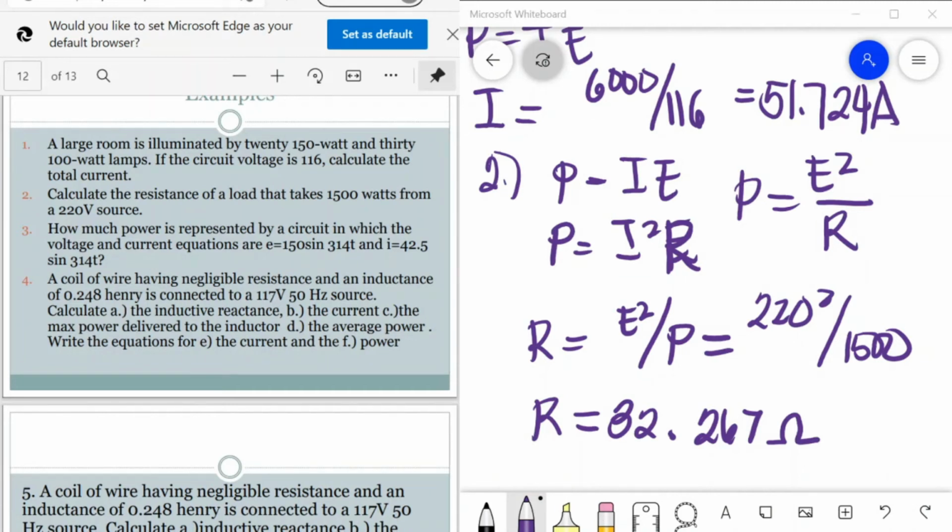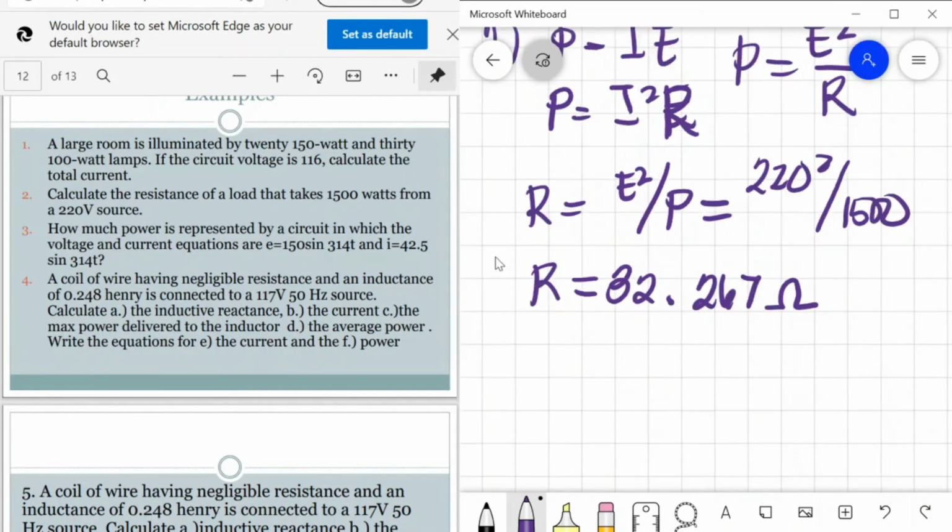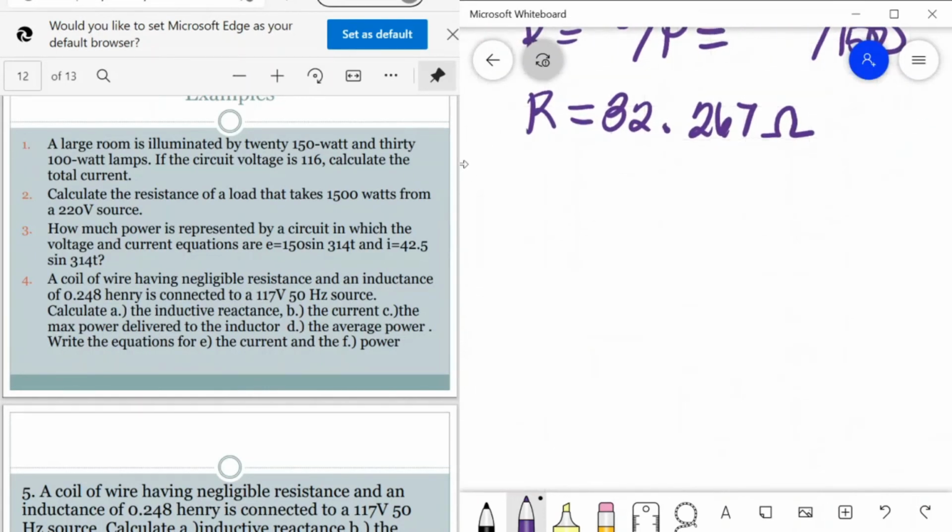Next, number 3. How much power is represented by a circuit in which the voltage and current equations are E is equal to 150 sine 314t and I is equal to 42.5 sine 314t.